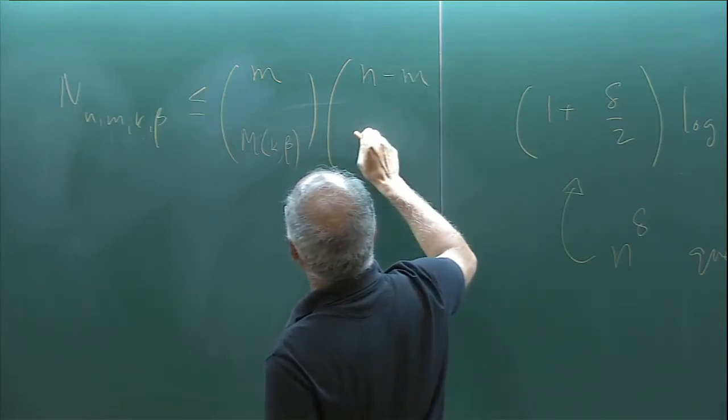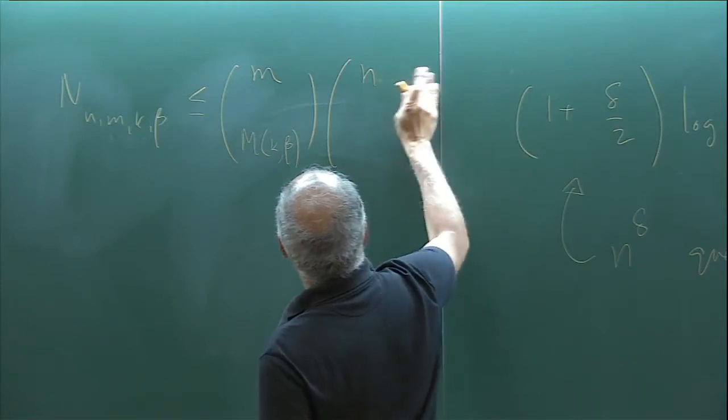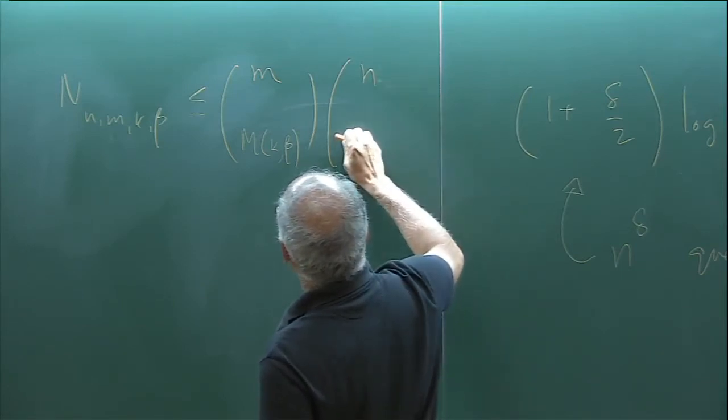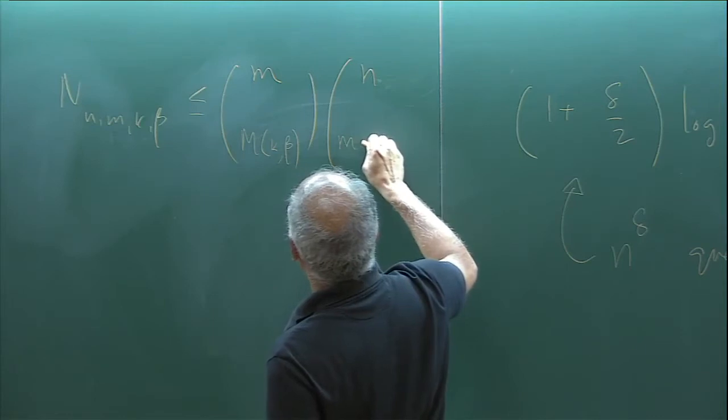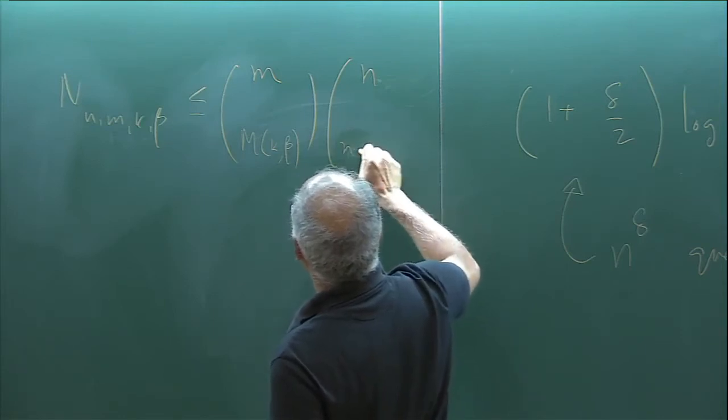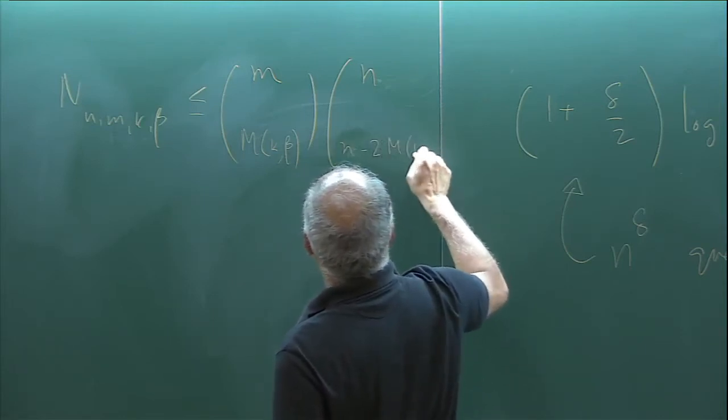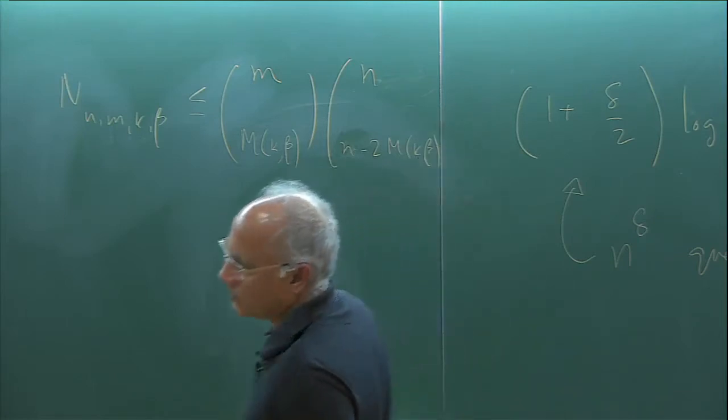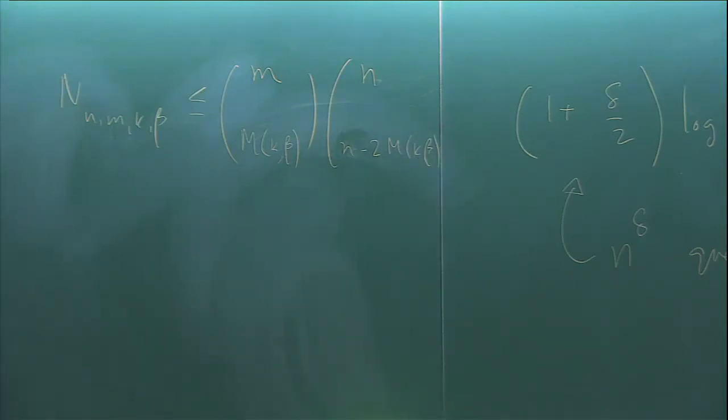I need to check this. No. I forget. Let me look. So my notation, what is capital M K beta? Let me make sure I did it right.